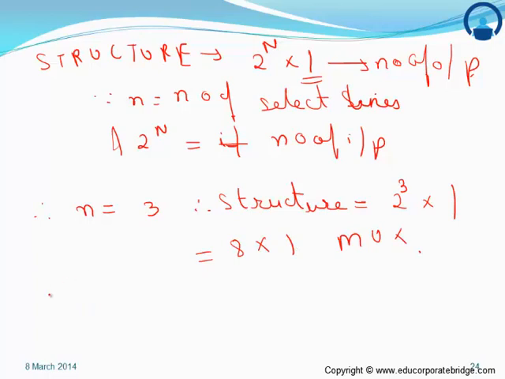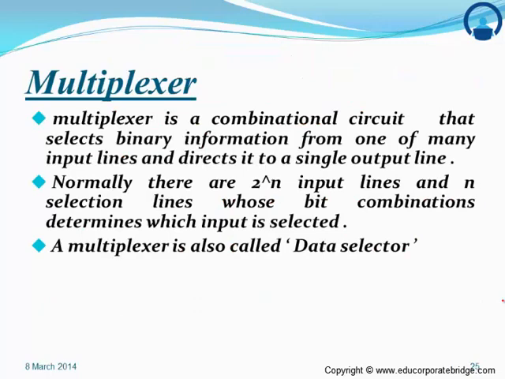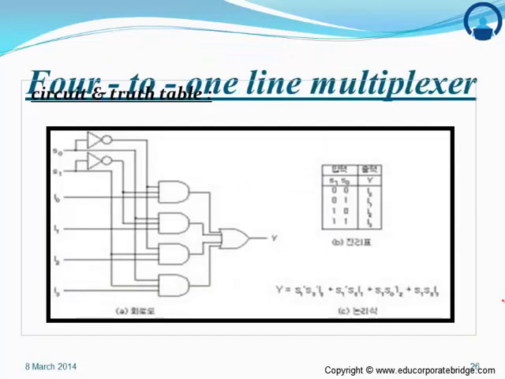Similarly, we have 4 cross 1 MUX, 16 cross 1 MUX, and so on. Let's study the working of 4 cross 1 MUX. This is the structure of a 4 cross 1 MUX.